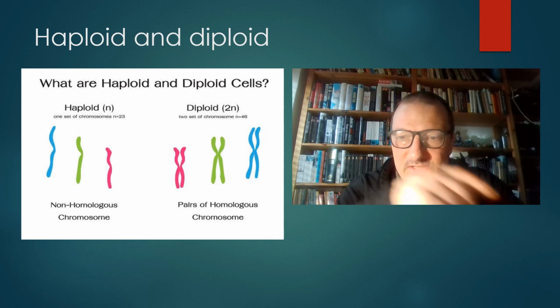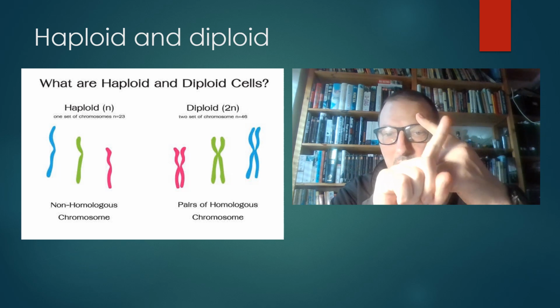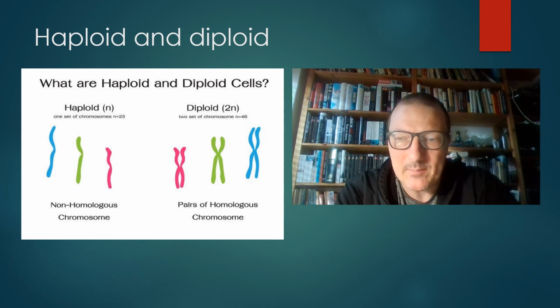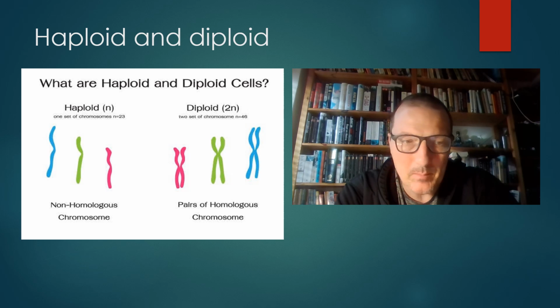So you get one set from the father and one set from the mother, and those will then combine. This is important when we do our crossings, our Punnett squares. Remember, the parent might be diploid, but the sex cells it sends to form the next generation are haploid.